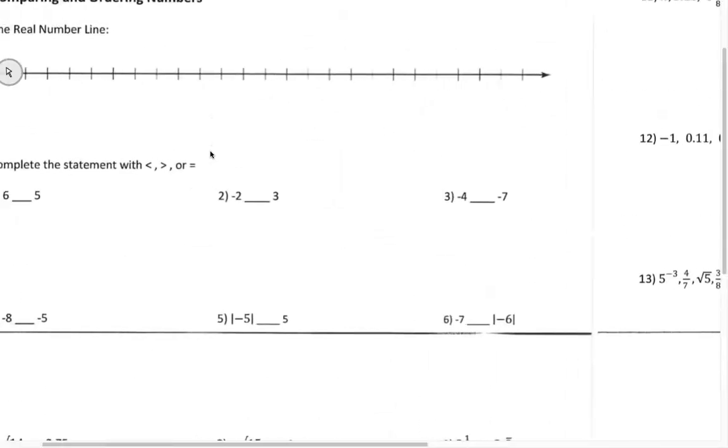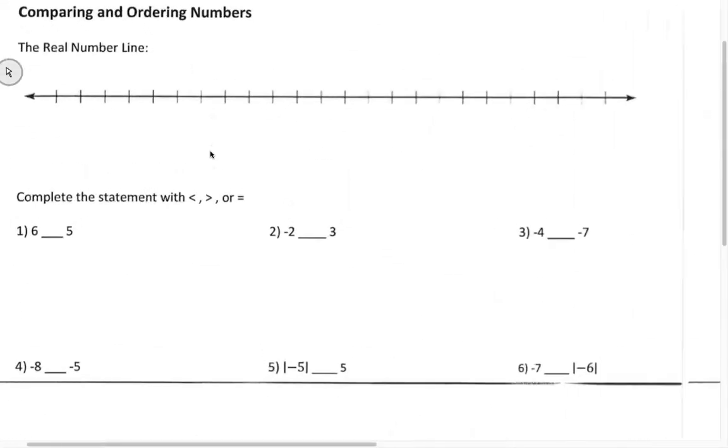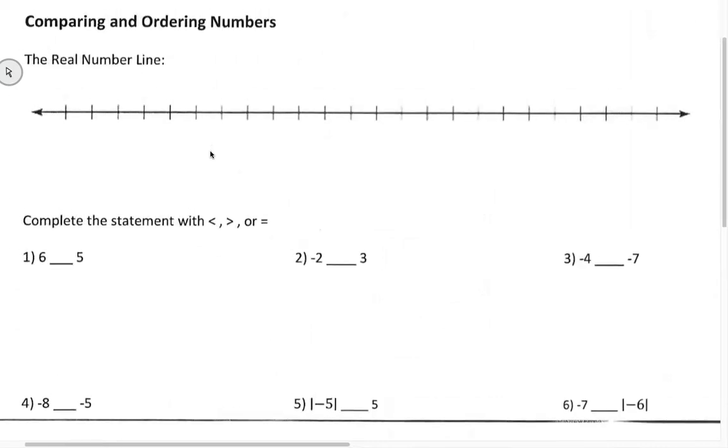So the first thing we need to talk about is the number line. The number line is all the numbers that can be put, in essence, on a ruler, all the numbers placed in order on a ruler or a line.